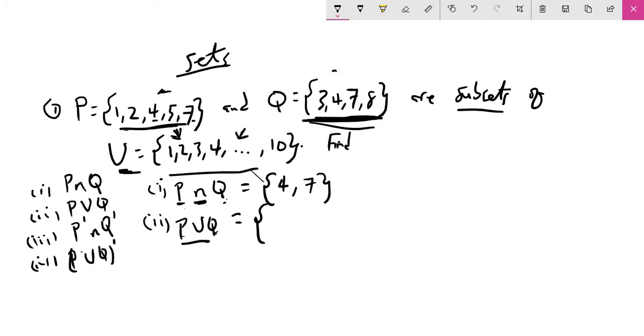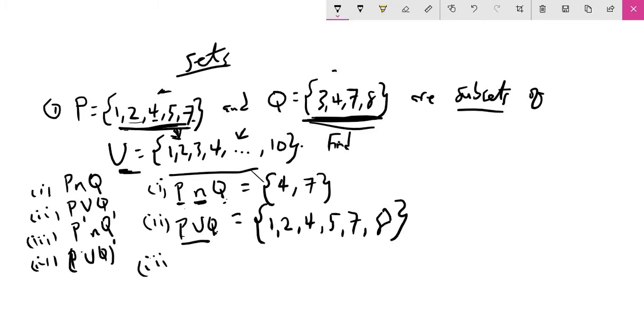So P union Q will be {1, 2, 4, 5, 7, and 8}, because these elements are a combination of the set P and the set Q.